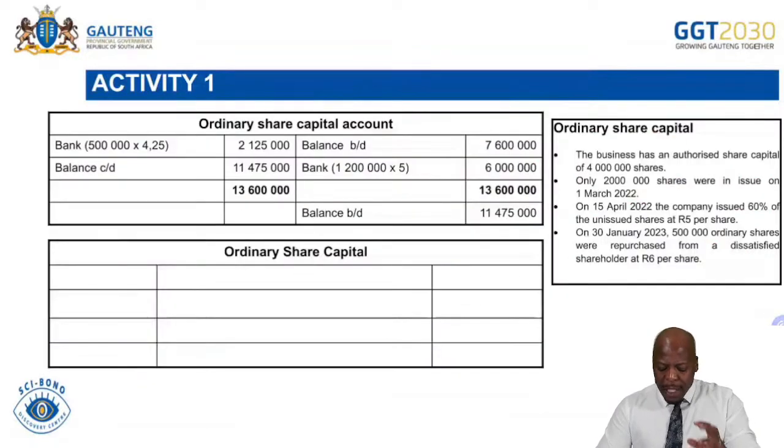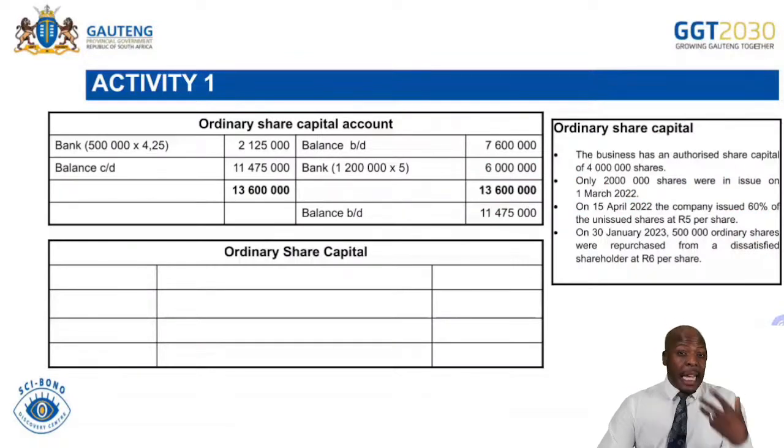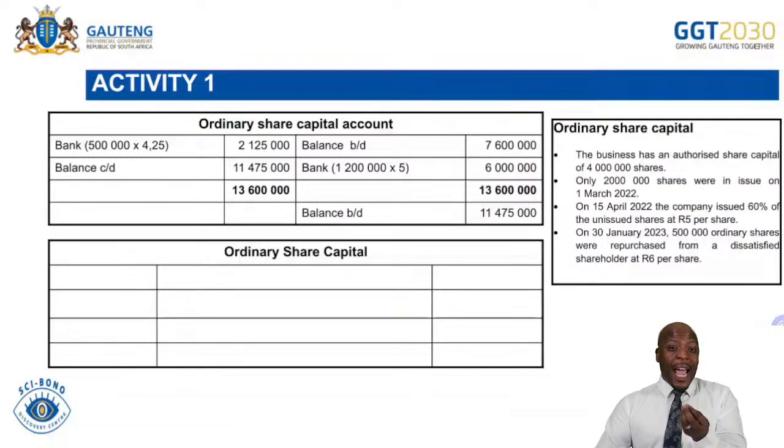Now, once you have your ordinary share capital account, it is very important that you know that when we understand this ledger account, we can then transform it into a note. Because when we were at the triangle, I kept talking about notes, and you would have wondered, what is Mr. Simbi talking about? Notes are what create the statement of financial position.